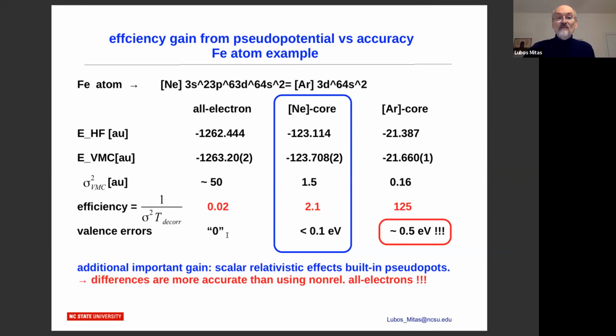And now you see that nominally all electron is 0. I put that in quotes because of the note which will follow. But let's now focus on these two other columns.